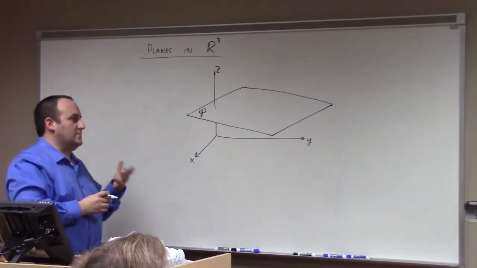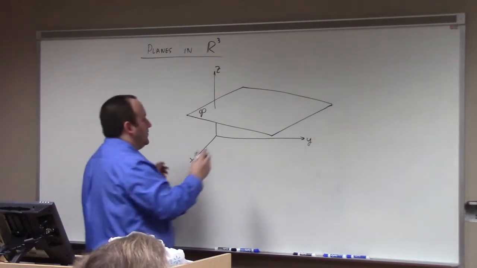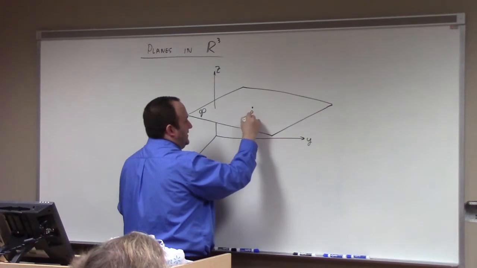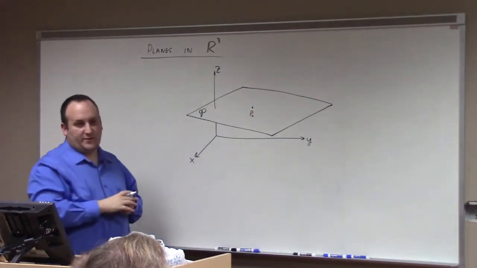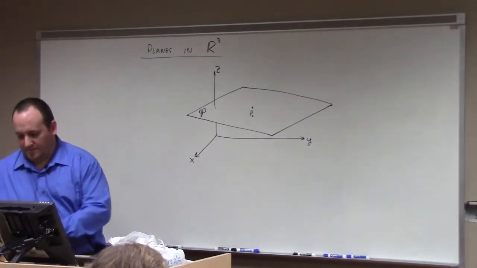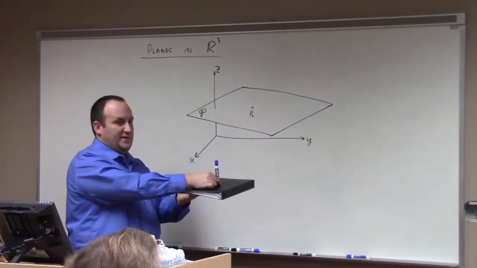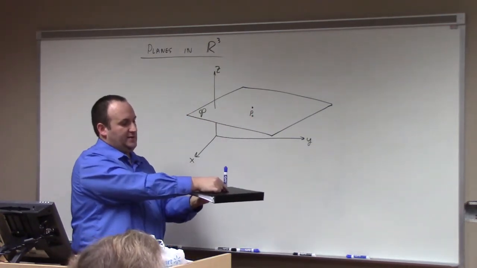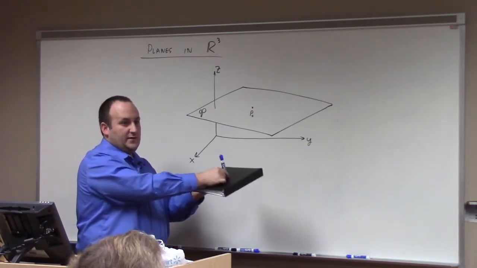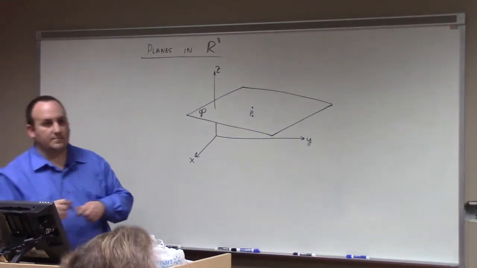To describe the plane geometrically, I really need 2 things, if you think about it. I need some point on the plane. Let's call that a base point, P naught. Think of the base point as being the middle of this perhaps. And I need to tell you what direction the normal goes. If I pick a base point and I tell you the direction which is perpendicular to the plane, that should describe the plane uniquely, right?